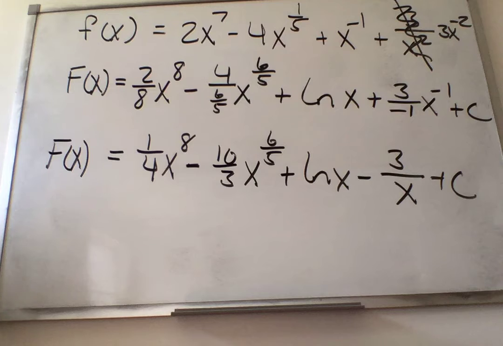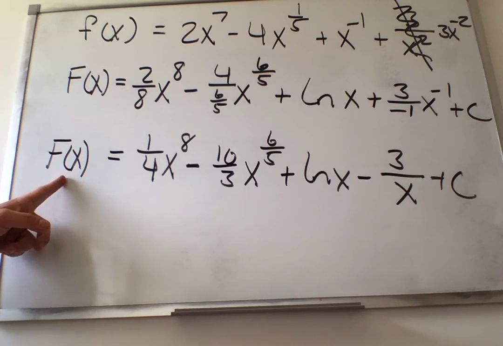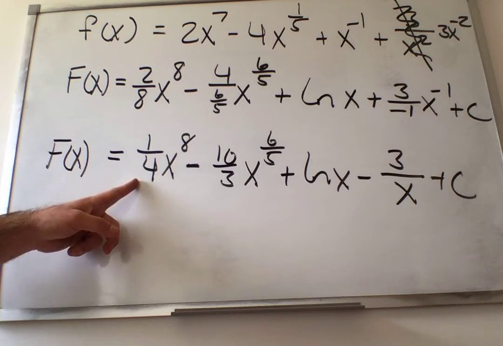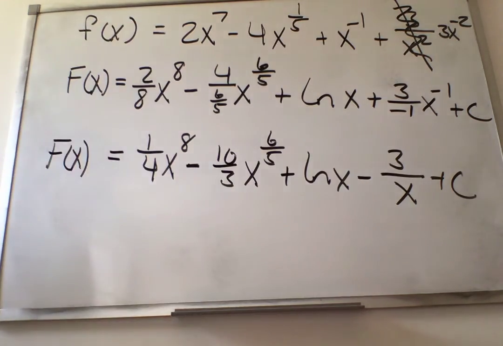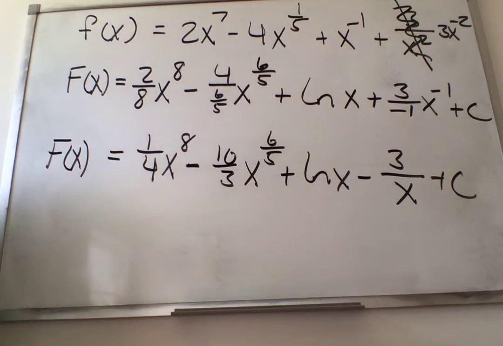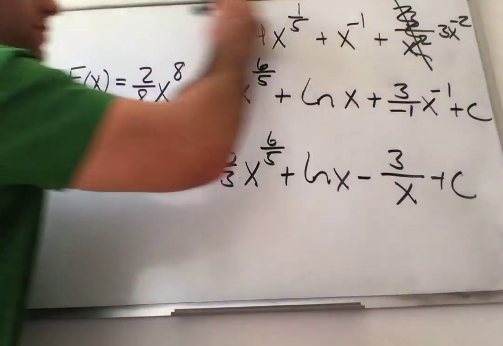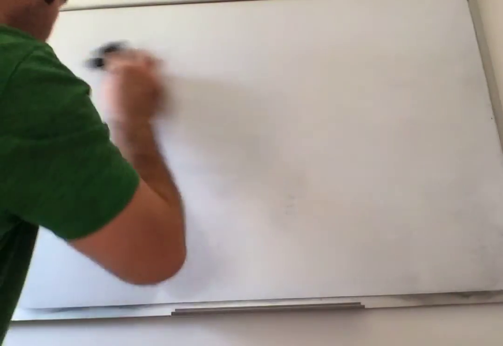Now again, you could always check your work. Take the derivative of this, and if you get back your original problem, you have the correct answer. So now, you can pause the video. There's a problem for you to try. So go ahead, take some time, do that problem, and then check my solution online. See how you did.